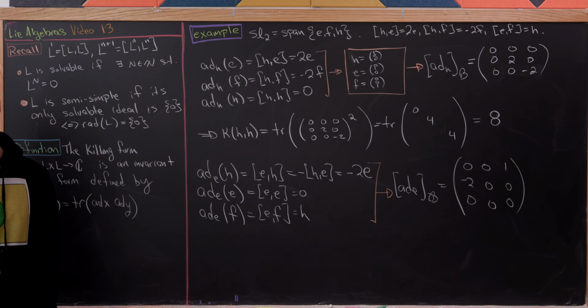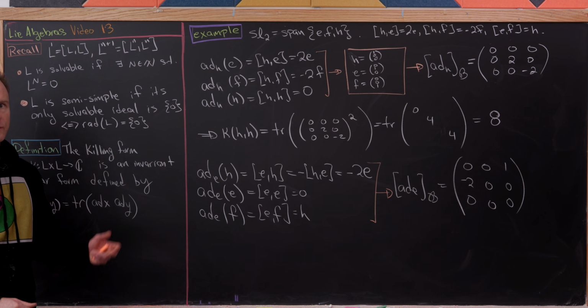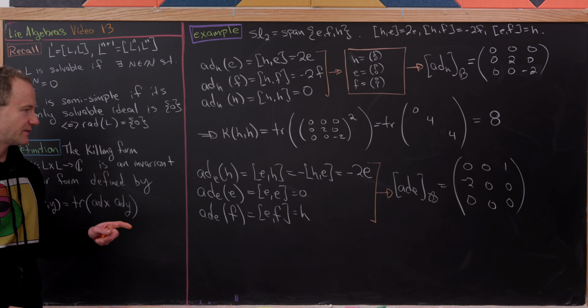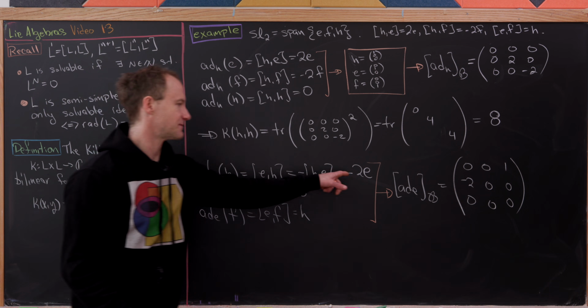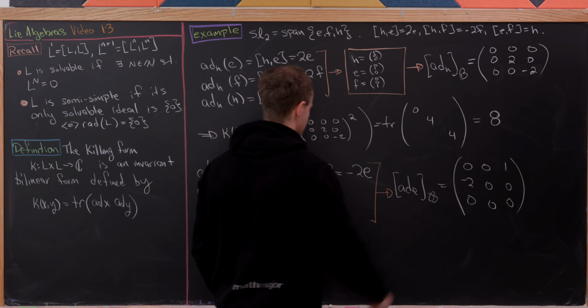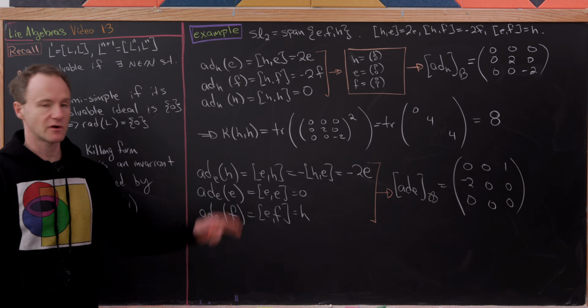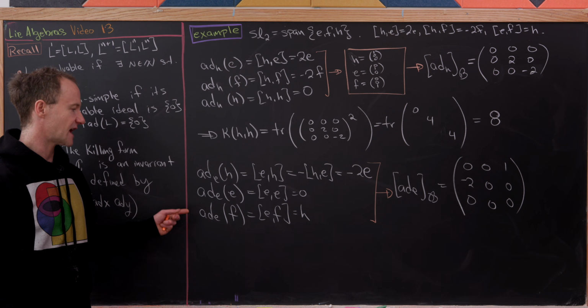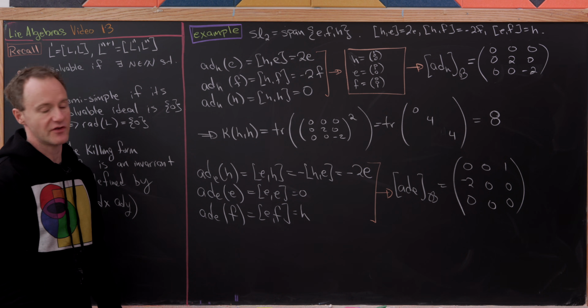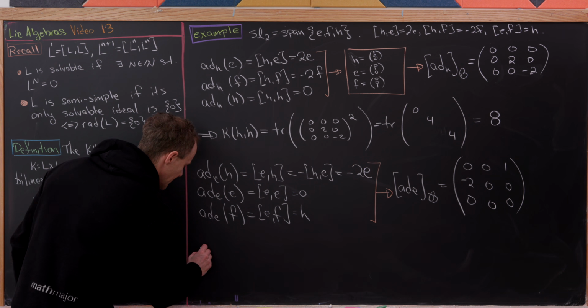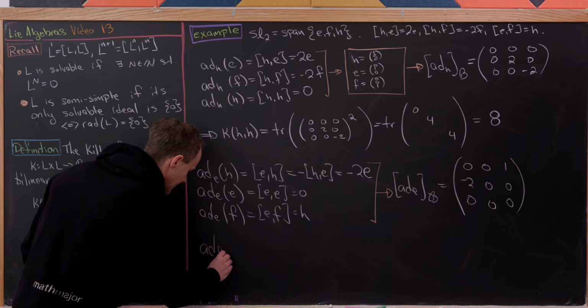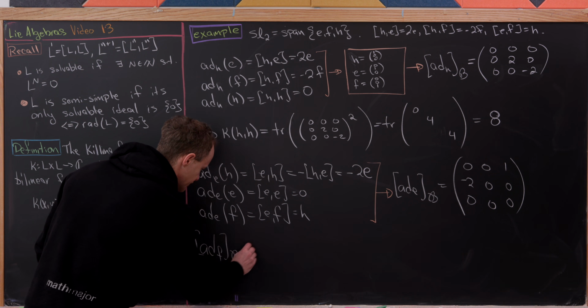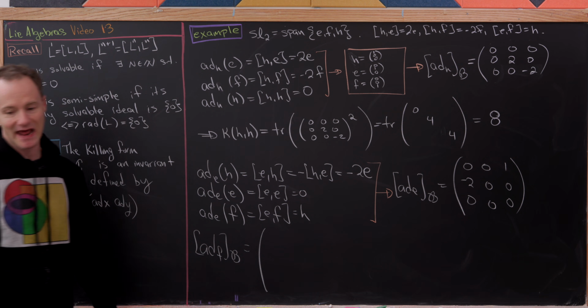Okay, nice. So there we have ad E represented in this basis, and that's simply because it takes H to minus 2E, that's described by this column. Takes E to 0, that's described by the second column, and then finally it takes F to H, that's described by the third column.